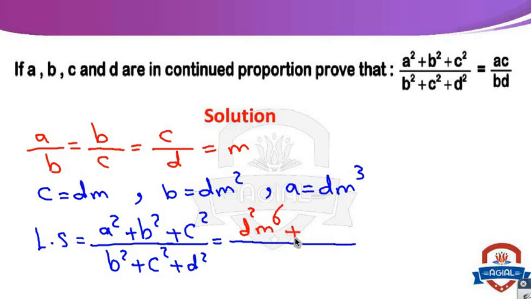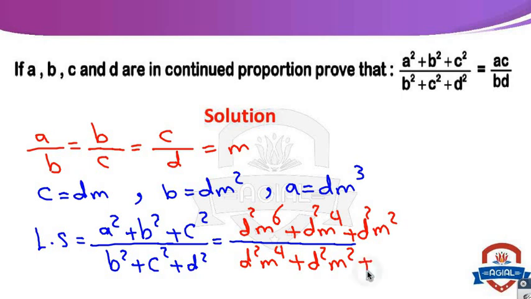B equals DM to the power 2, so D squared M to the power 4, plus C squared equals, C equals DM, then C squared equals D squared M squared, over B squared equals D squared M to the power 4, plus C squared equals D squared M squared, plus D squared equals D squared.